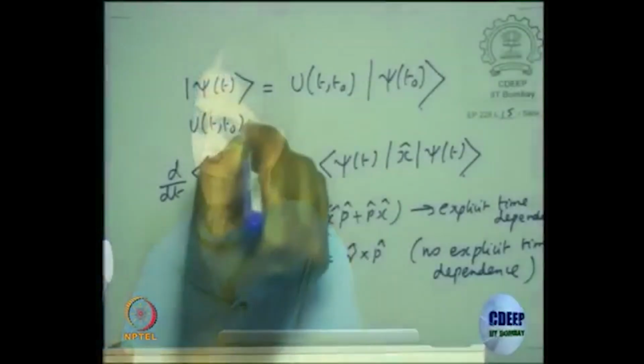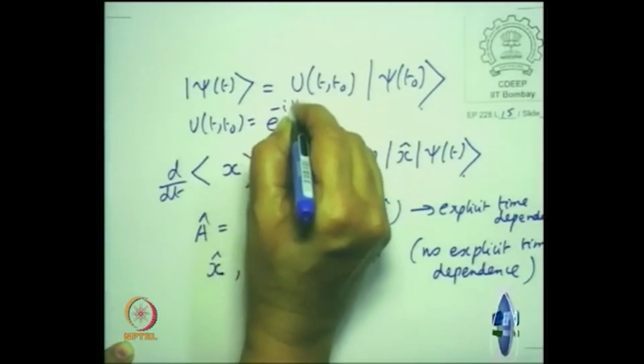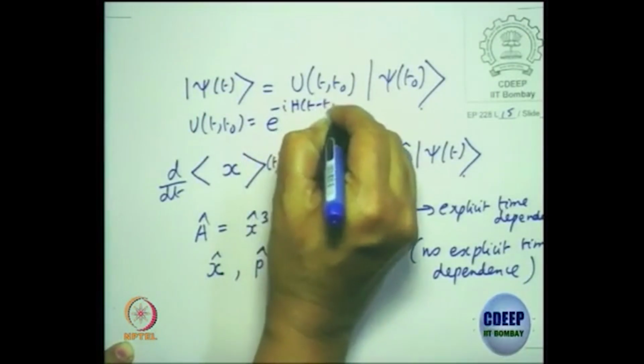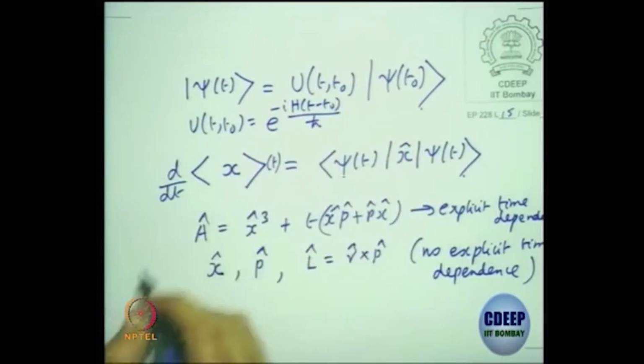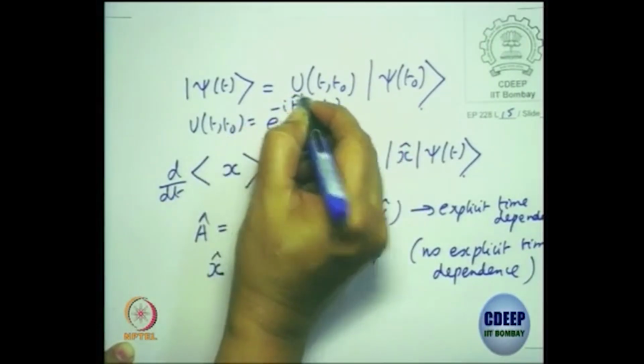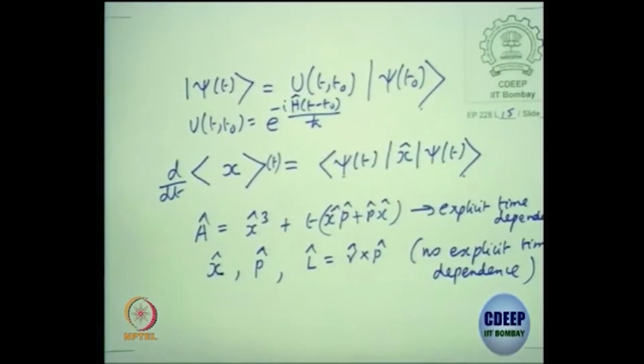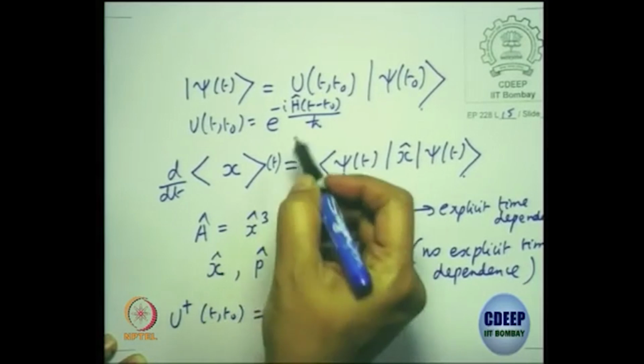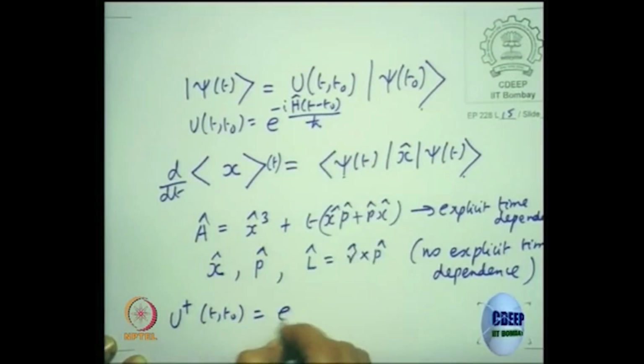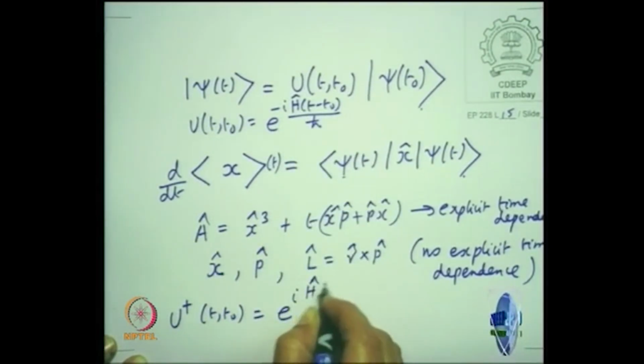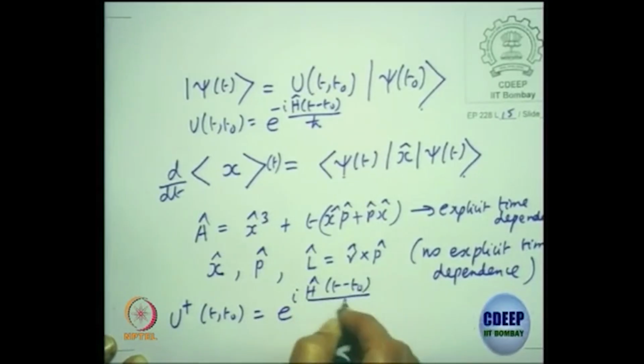This is e to the minus i H (t minus t0) over h cross. So U dagger will be the inverse of it. Okay.